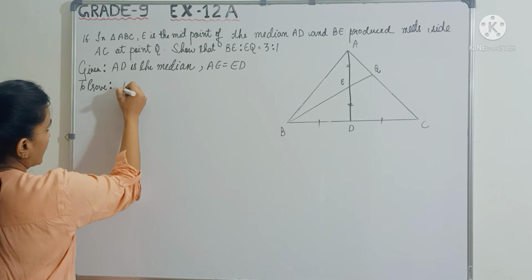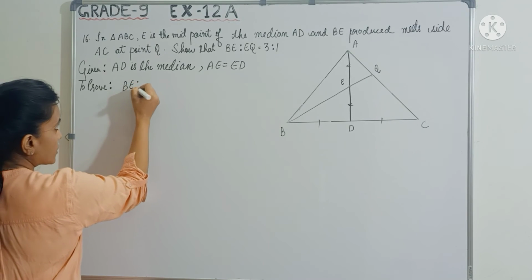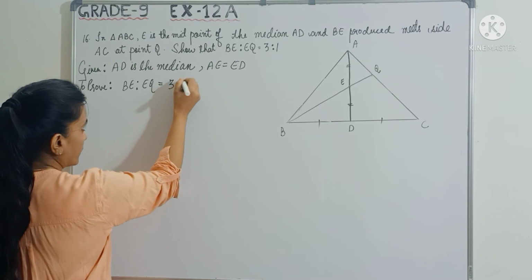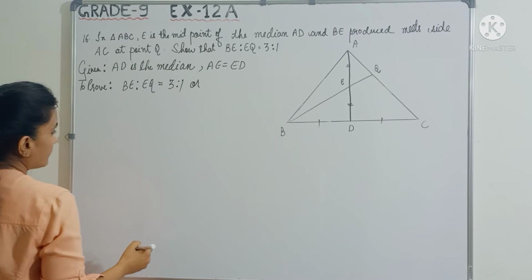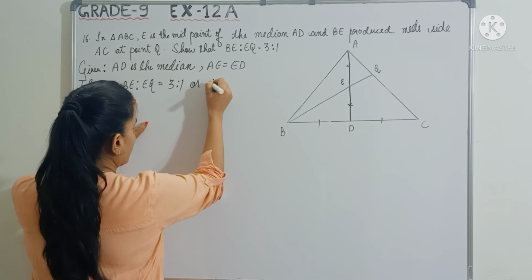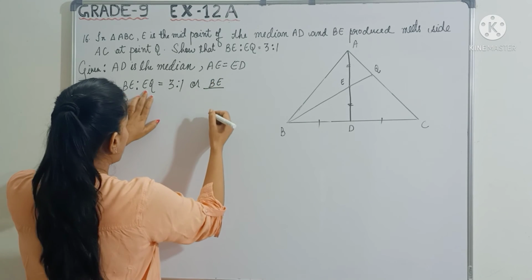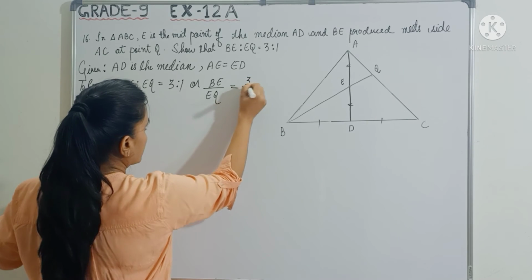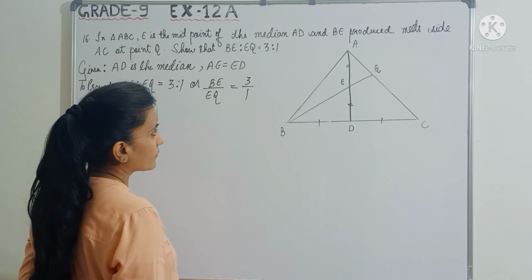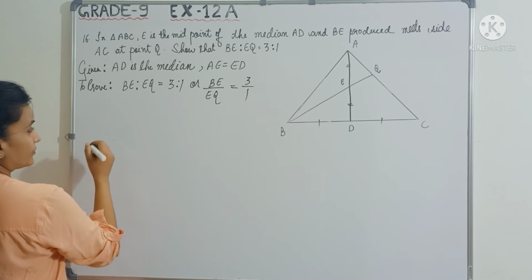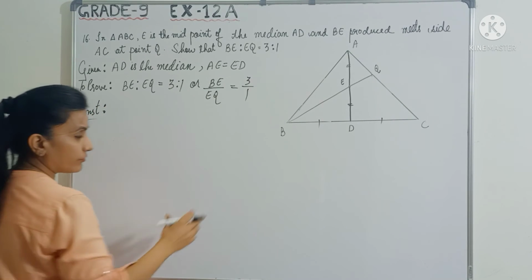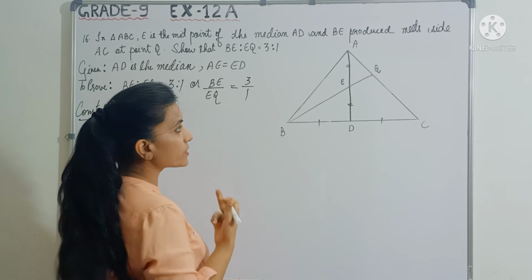So we have to show that BE is to EQ is equal to 3:1. Or you can say that we can write down this as BE over EQ is equal to 3/1.